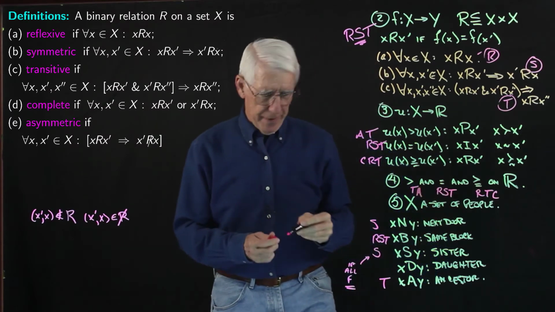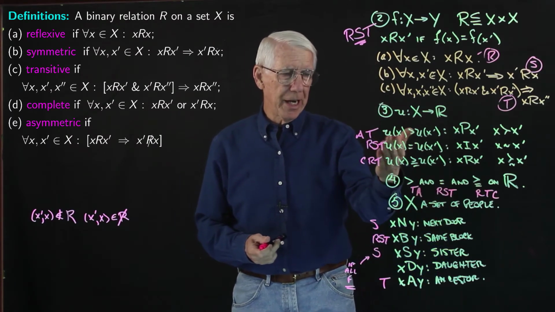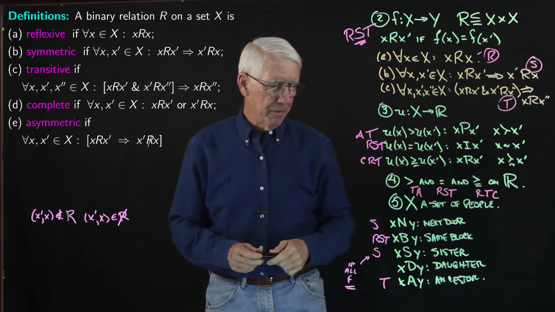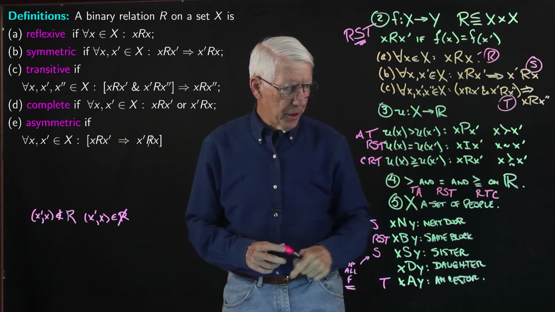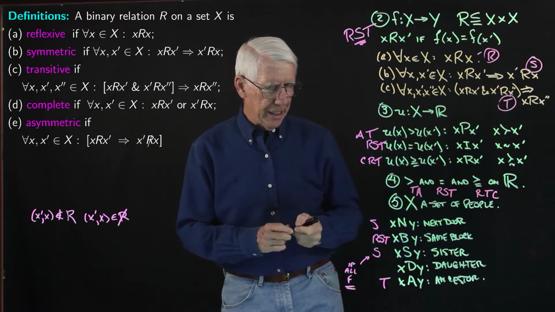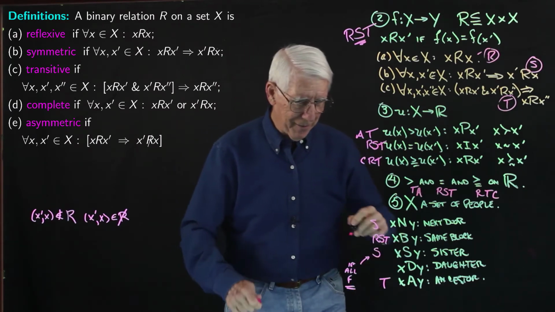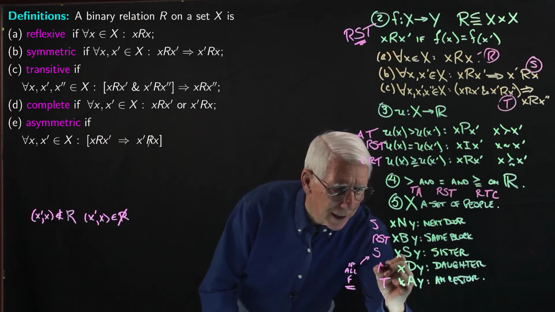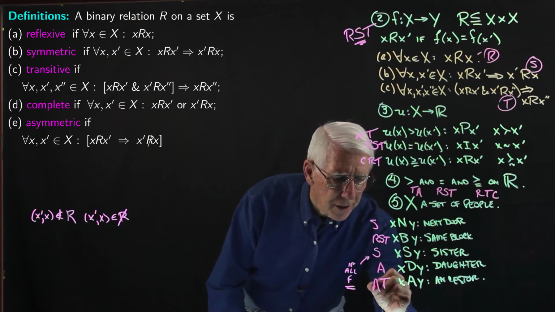You'll notice that if x prime is bigger than x, x can't be bigger than x prime, and for the same reason, this is asymmetric. And I believe the only other relations here that are asymmetric are the daughter relation, which is clearly asymmetric. If x is a daughter of y, y can't be a daughter of x. And similarly, ancestor is asymmetric for the same reason.